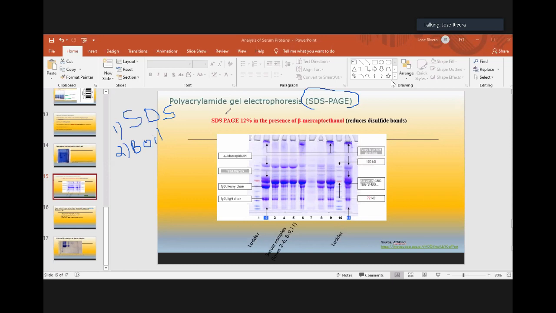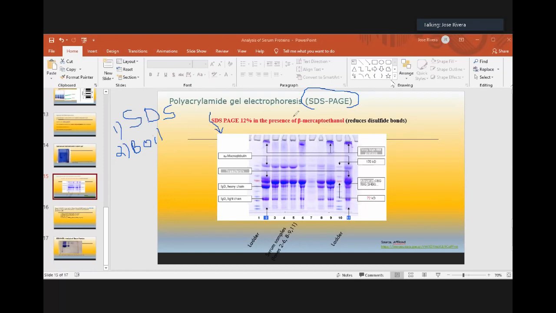The polyacrylamide is synthetic, so it's more uniform than the ones made by the technician. There's no fault of the technician, of course. It's just the nature of the gels.